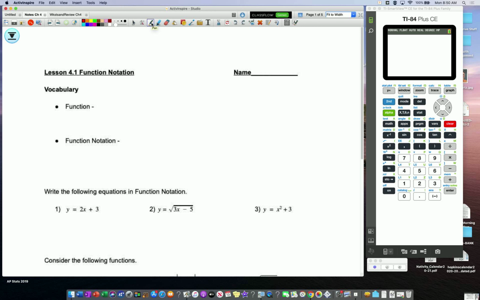Let's take a look at the 4.1 notes here today, and it's all about function notation. So in mathematics, we like to talk about some types of equations being functions.